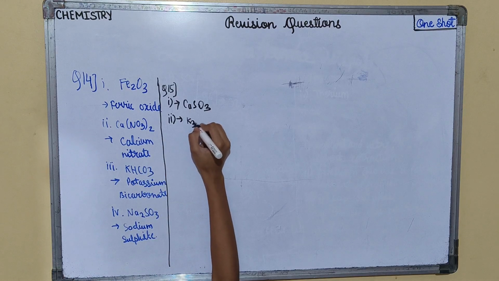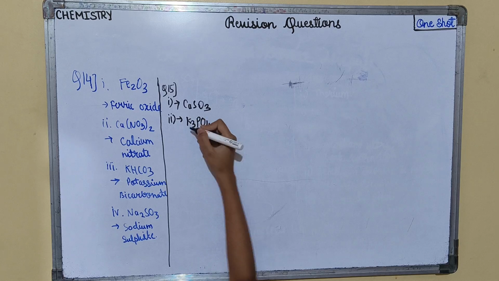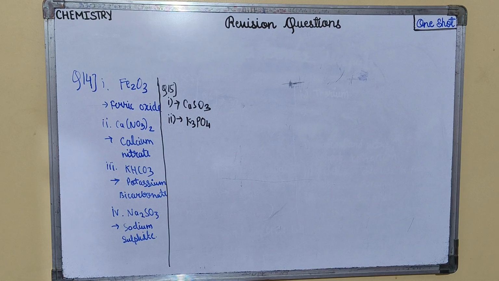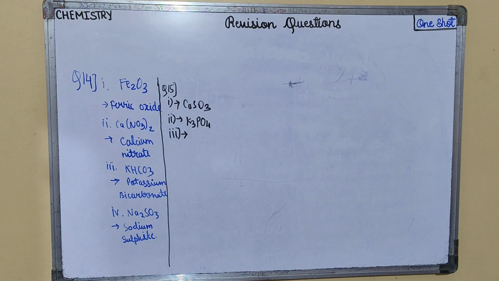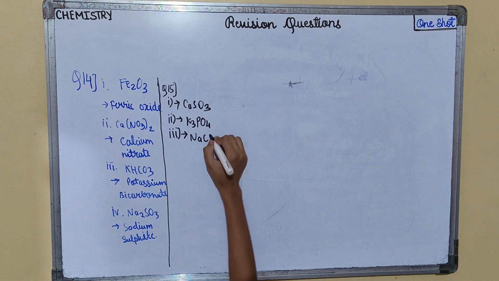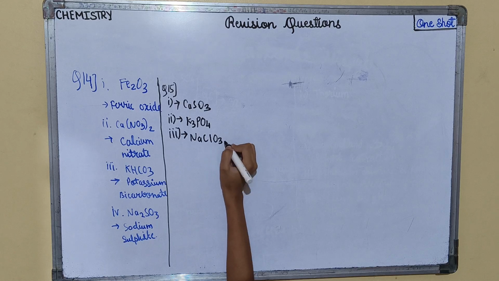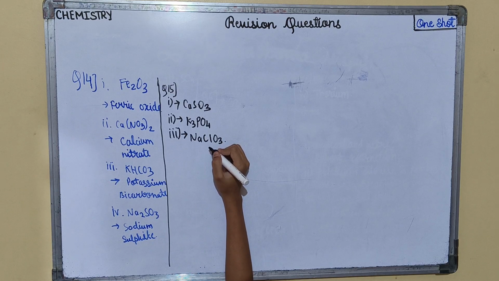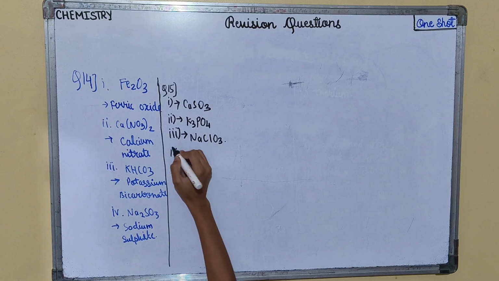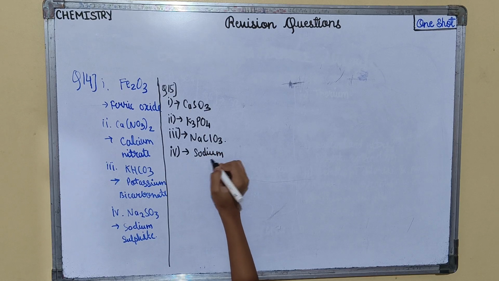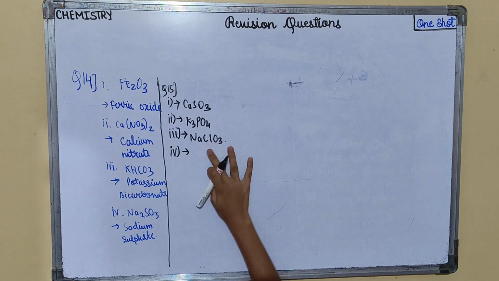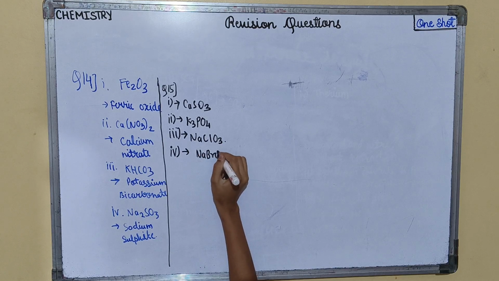It is K3PO4. Third is sodium chlorate, NaClO3. Fourth is sodium hypobromite, which is NaBrO.